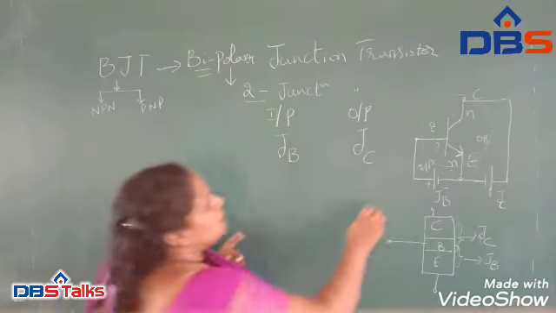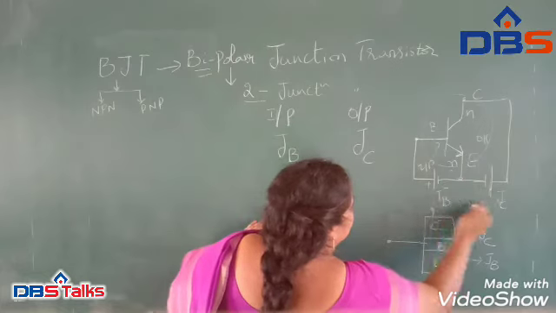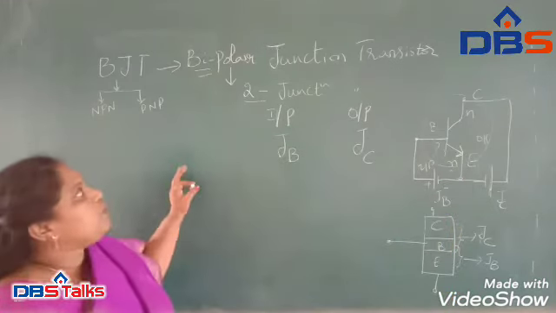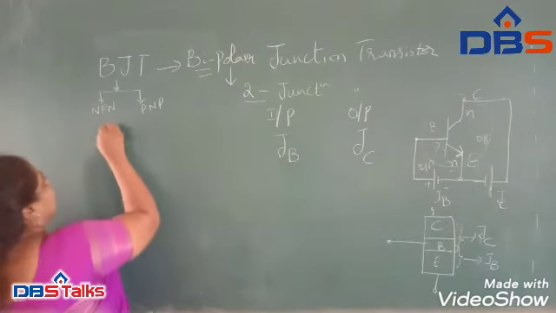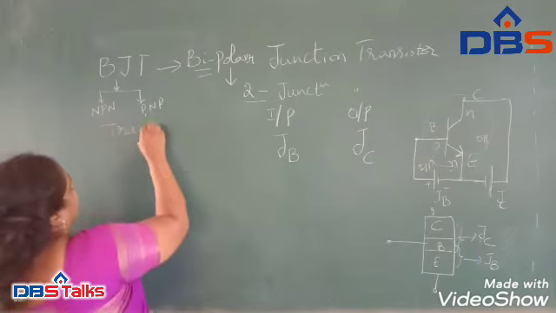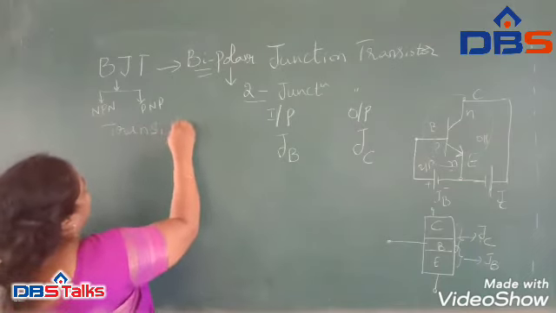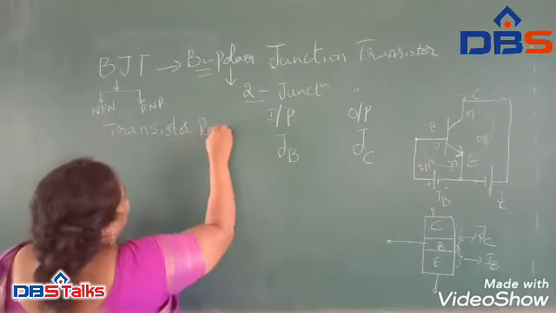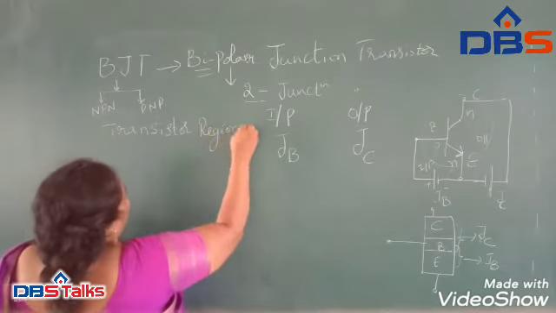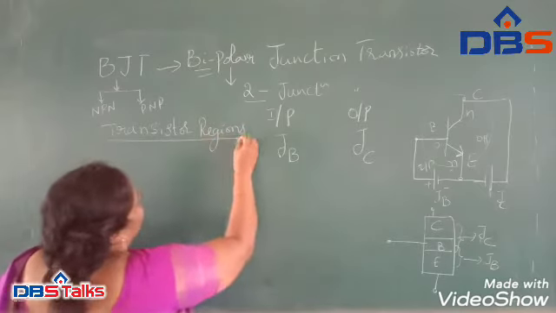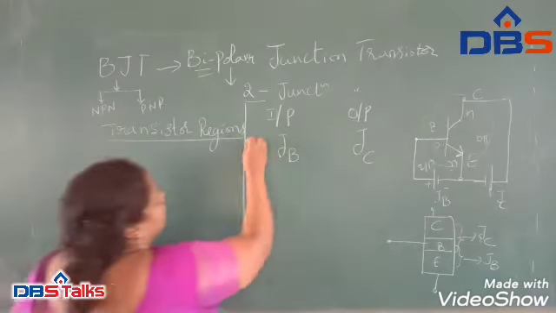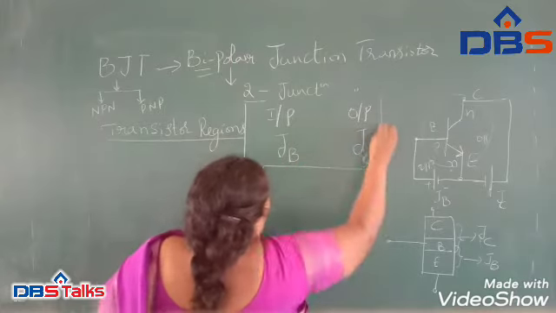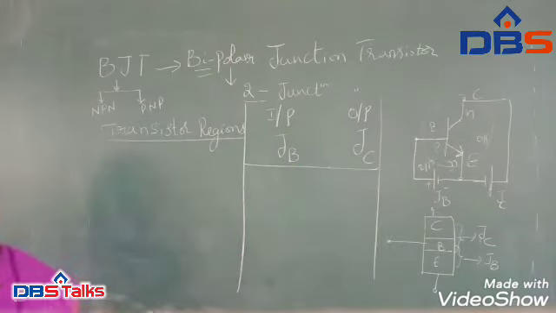Based on these two junctions, we can classify the transistor regions. In the transistor we have basically three types of regions.